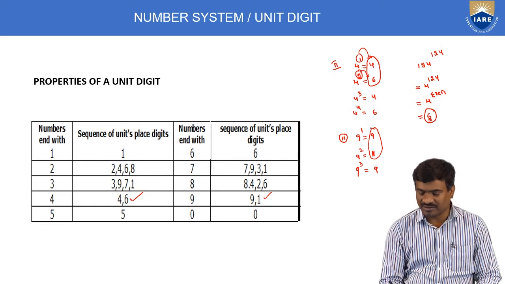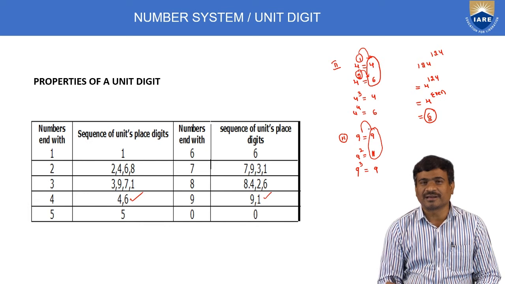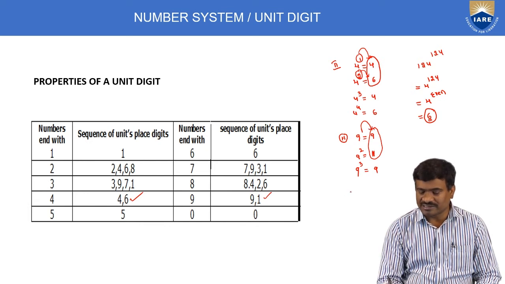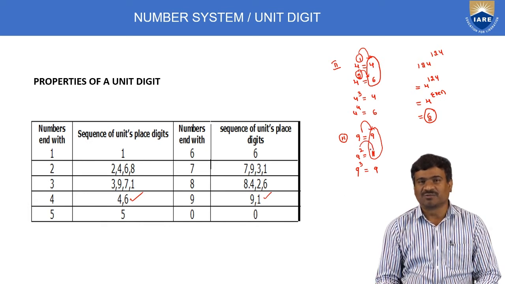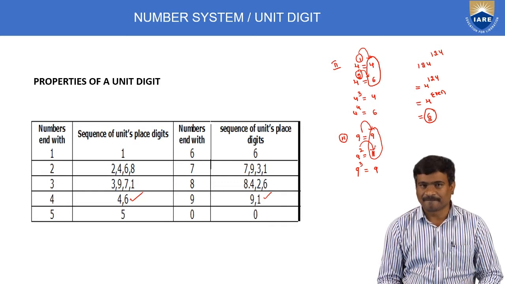Also check the power. When the power is an odd number, the unit digit is 9. When the power is an even number, the unit digit is 1, respectively.